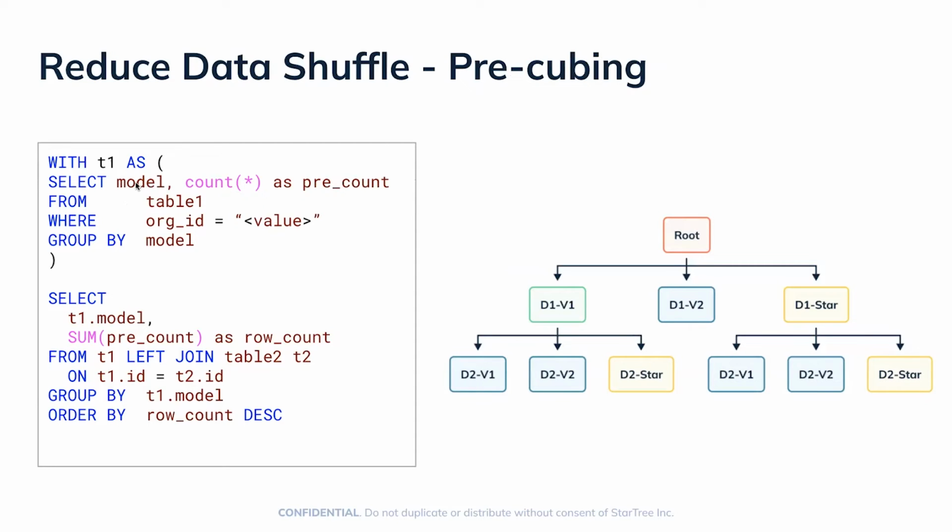I think there's a typo here. If you group by the ID and the model and do the pre-count prior to the join, you can then sum on top of the pre-count results and achieve the row count. Let's say the model and ID columns are low cardinality in their combination. This will automatically reduce the amount of data that needs to be shuffled around to do the join.